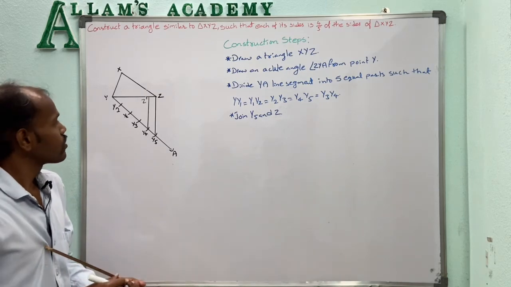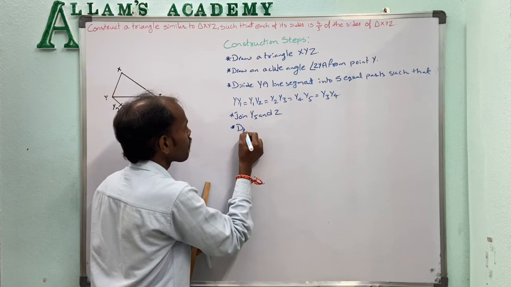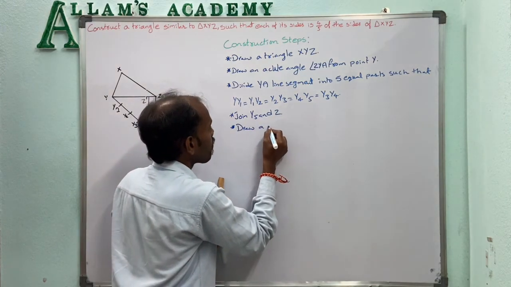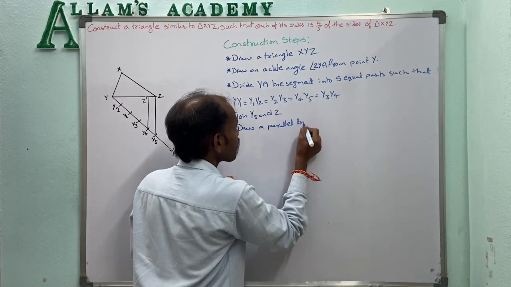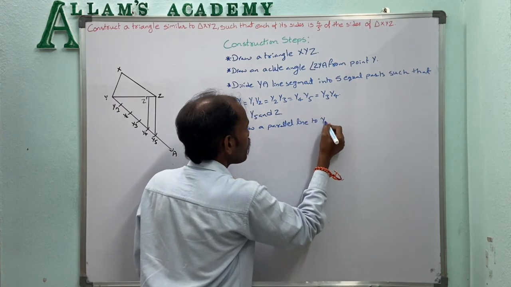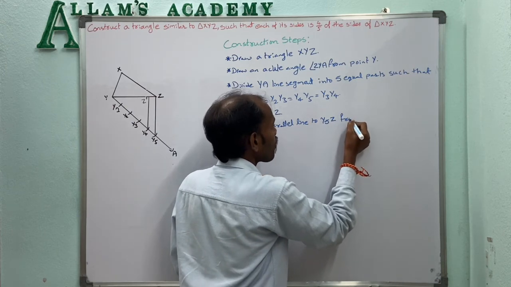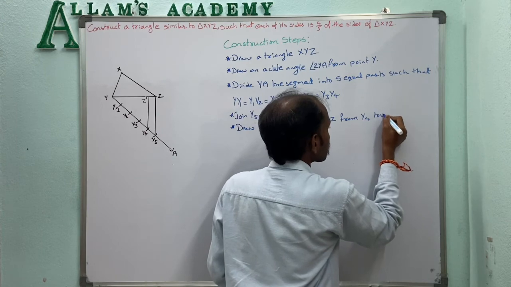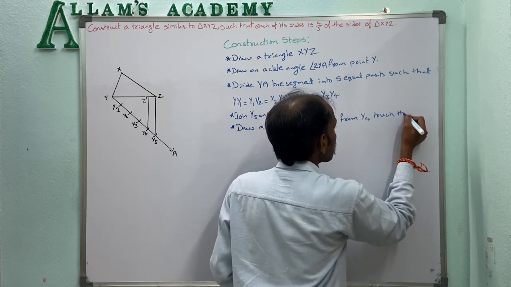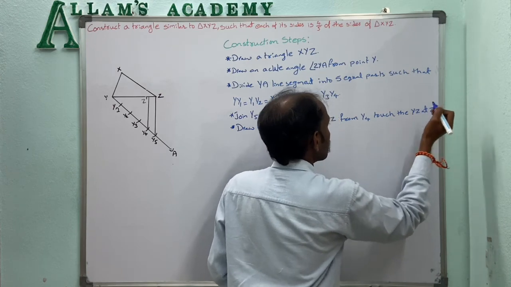So draw a parallel line to y5Z from y4, touching YZ at Z dash.